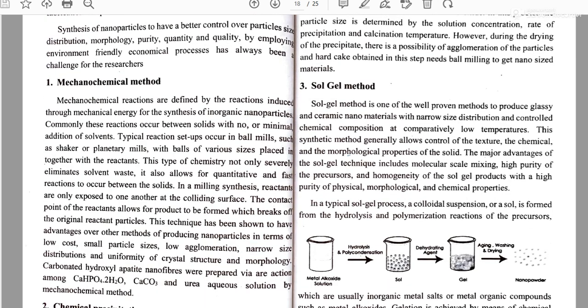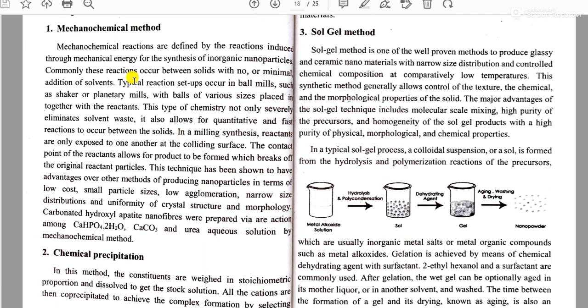Now we will learn about the first technique which is given in your text, that is the mechanochemical method. In a mechanochemical method, as the name indicates, it involves a mechanical action, isn't it? Mechanochemical reactions are defined as reactions induced through mechanical energy for the synthesis of nanoparticles.